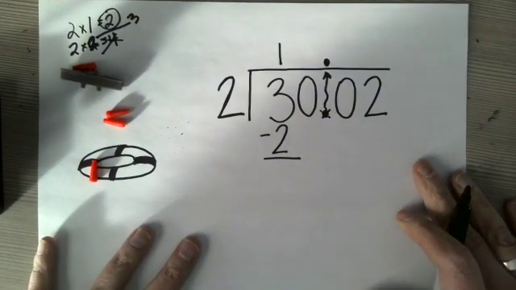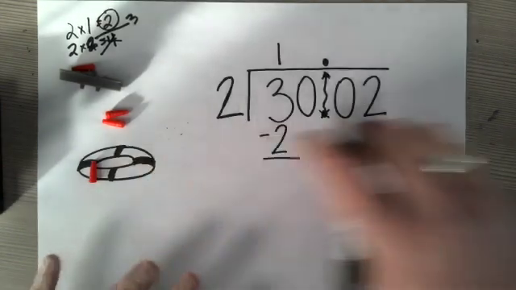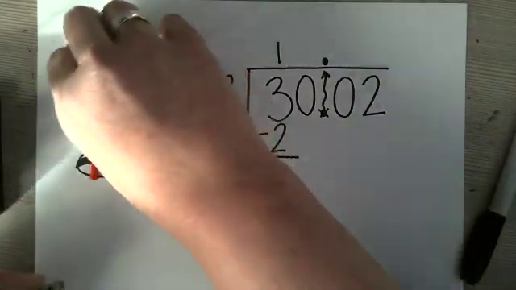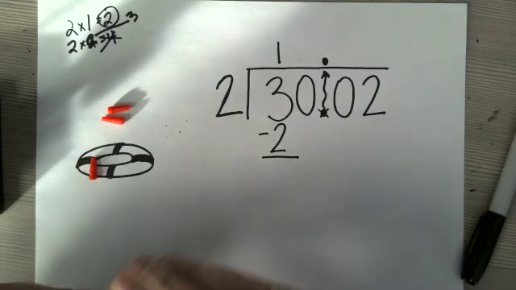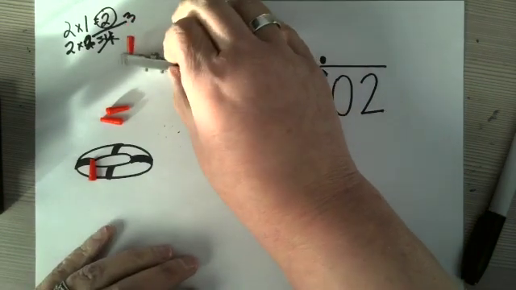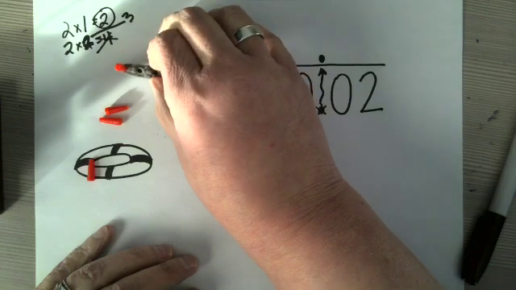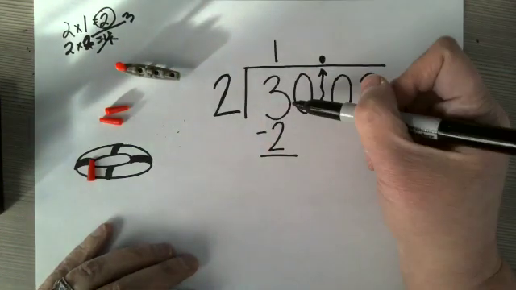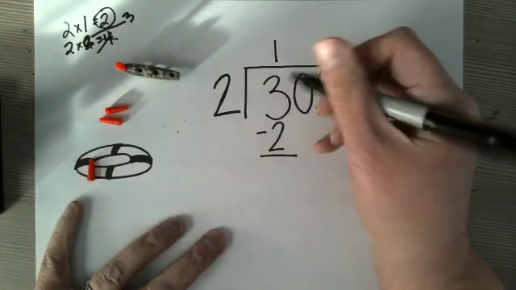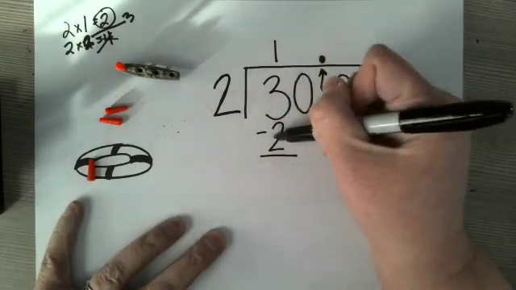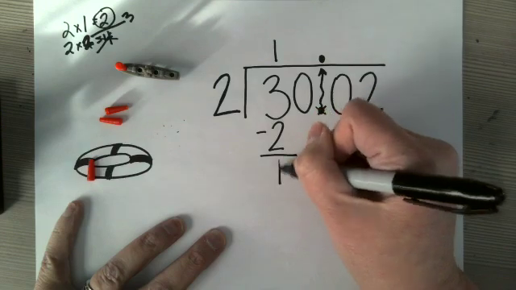Sometimes I forget to check to make sure that y'all can see what I'm doing. That means now I can put a peg in my game piece. It also means that I need to finish my math before I move on to the next hole. So 3 minus 2, my goodness, I'm getting tired today. 3 minus 2 is 1.